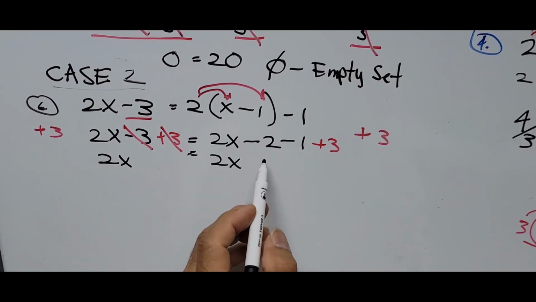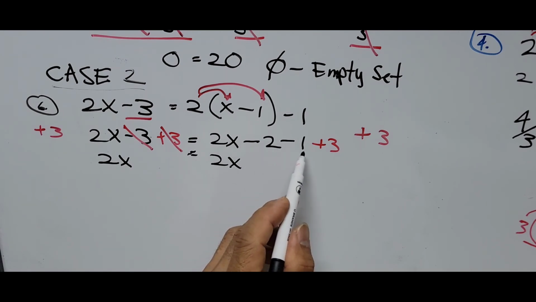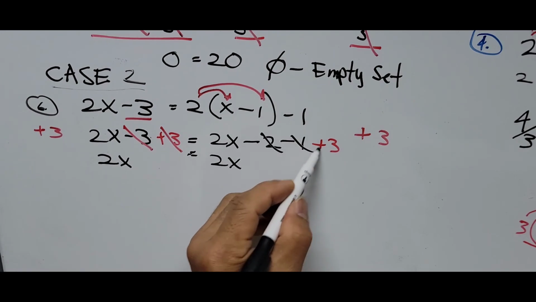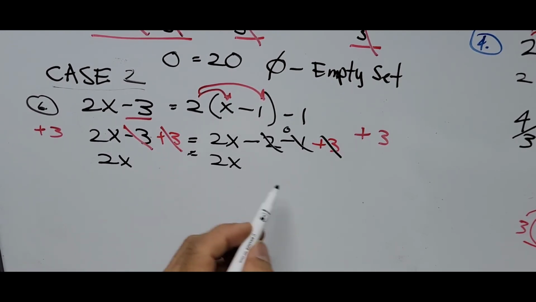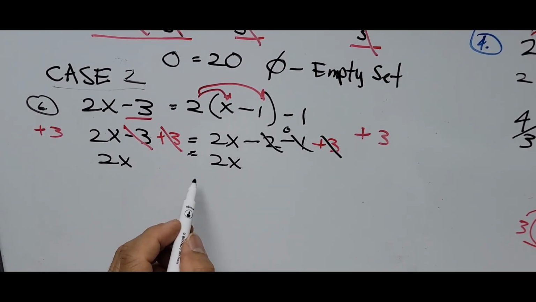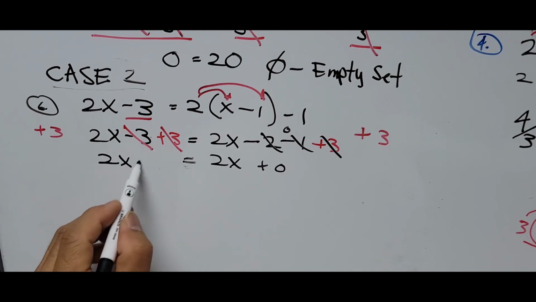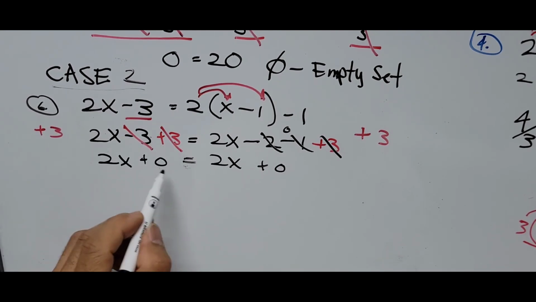What do you have right here? Minus 2 minus 1 is minus 3. Plus 3, that's 0. Cancel out, 0. Right, so 2x. Is that correct? Okay, so this is plus 0 also. Minus 3 plus 3, 0.